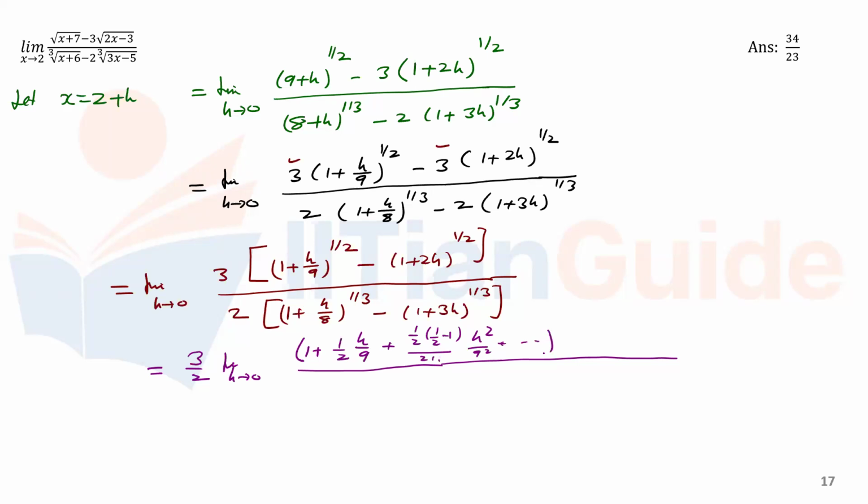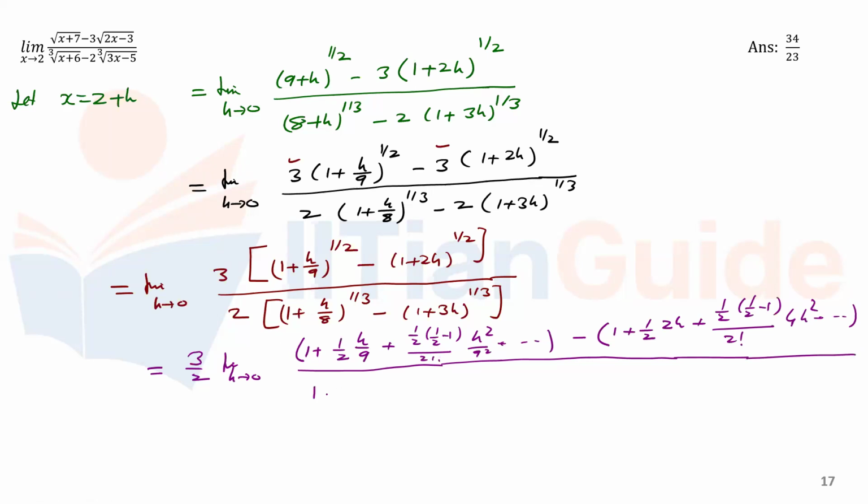Just leave it, no need to write all the terms. Minus sign is there. In the numerator, I will get 1 plus nx, 1 by 2 into 2h. After that, n into n minus 1, 1 by 2 into (1 by 2 minus 1) divided by 2 factorial, after that 4h square, and so on. It will go up to infinity. Leave it, no need to write.